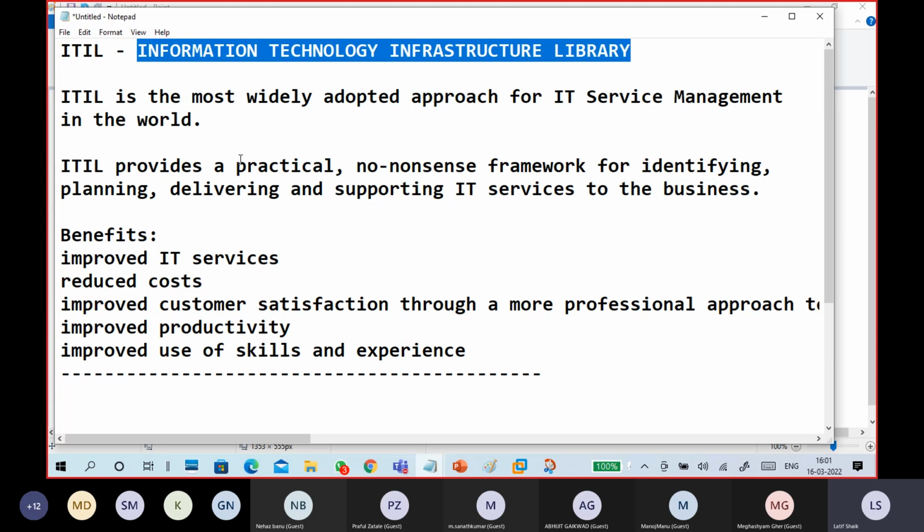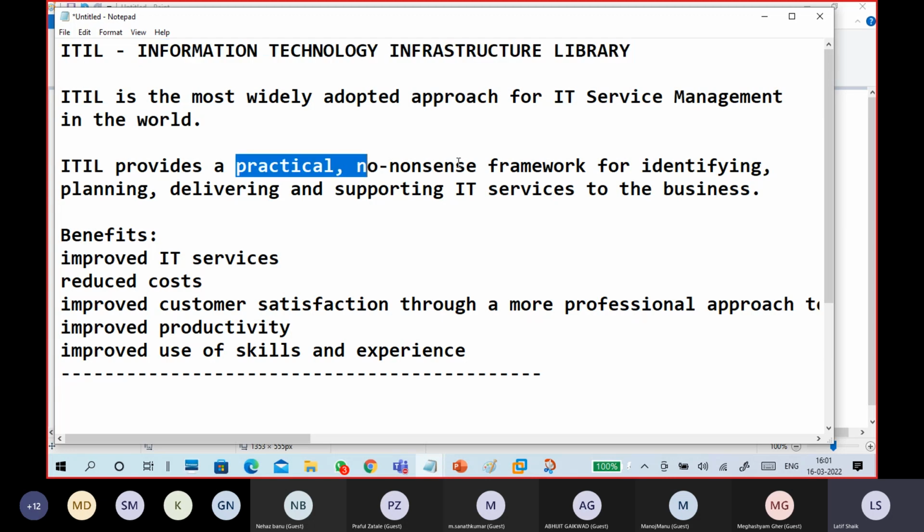ITIL provides a practical, no-nonsense framework for identifying, planning, delivering, and supporting IT services to the business. Benefits of ITIL are improved IT services, reduced cost, improved customer satisfaction, improved productivity, use of skills and experience.